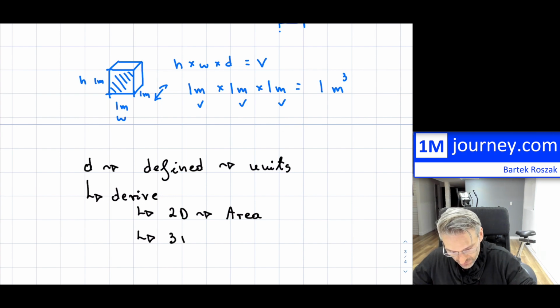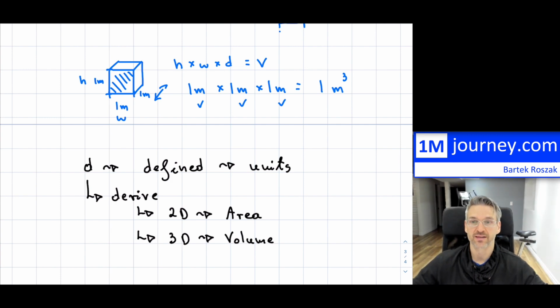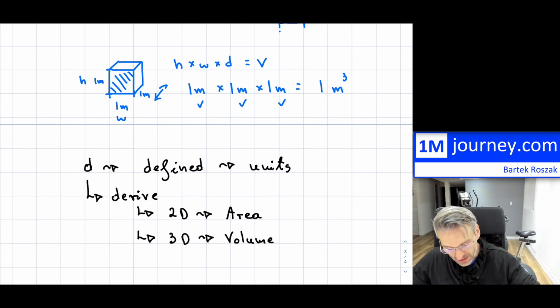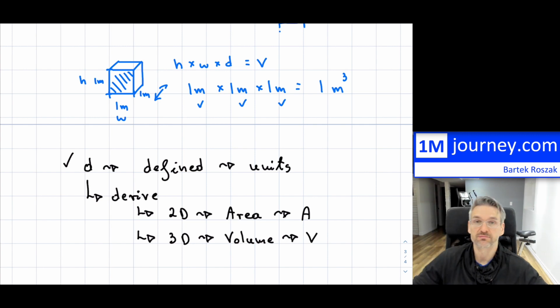And we can derive in 3 dimensions volume, which measures how much space an object occupies. So those are 3 things that are really useful. So we have distance, we have our area, typically designated with capital A, and we have our volume, typically designated with capital V.